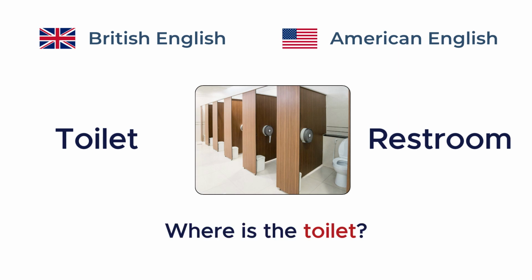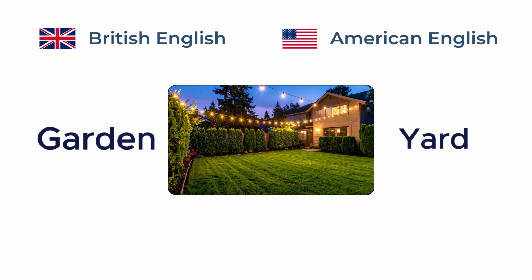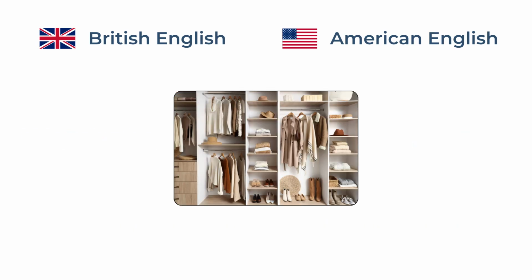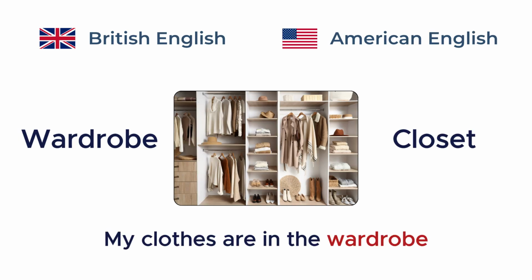Where is the toilet? Garden. Yard. The children are playing in the garden. Wardrobe. Closet. My clothes are in the wardrobe.